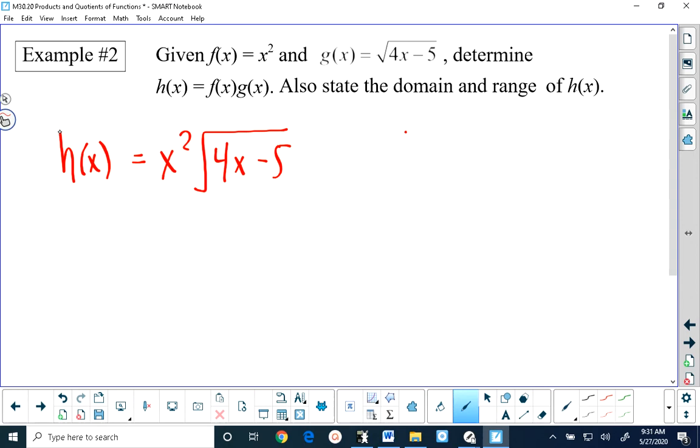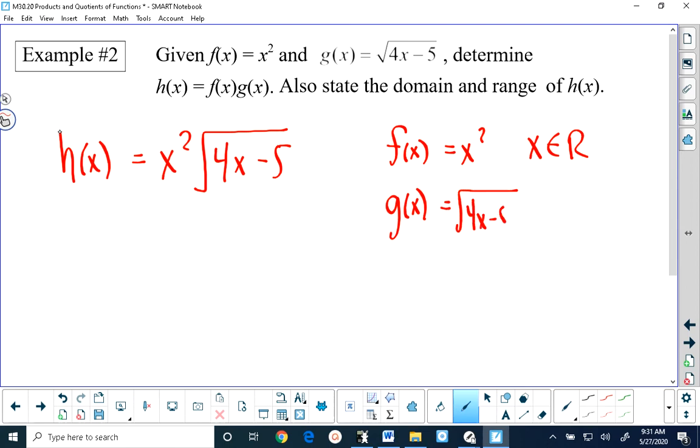Well, when you take a look at f of x equals x squared, the domain here is any real number. When you take a look at g of x equals root 4x minus 5, you say to yourself 4x minus 5 must be greater than or equal to 0.